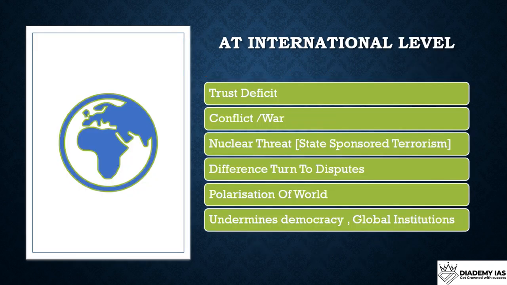Coming to the international level, let's take an example of Iran and USA over here. Iran doesn't trust USA and USA doesn't trust Iran, right? Although both are justified, USA has done some unethical things like Vietnam, and they recently killed the army commander of Iran, right?